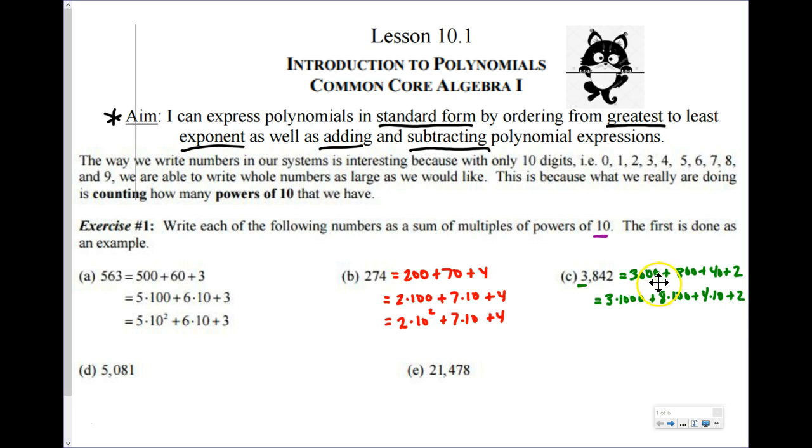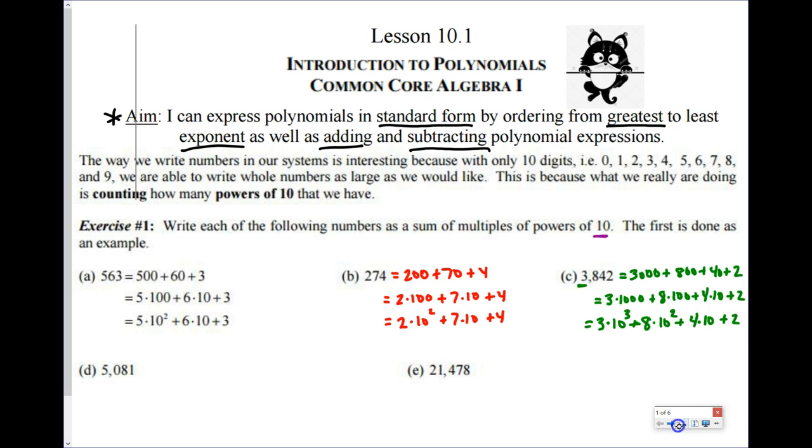Okay? See how I broke up each of the numbers into powers of 10. Now, the same way I took 100 and made it 10 squared, 1,000 is really 10 to the third power. This becomes 8 times 10 squared, which would be a plus, 4 times 10 plus 2.